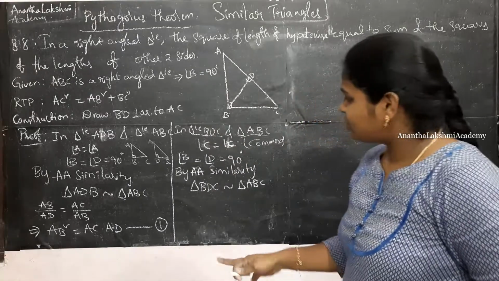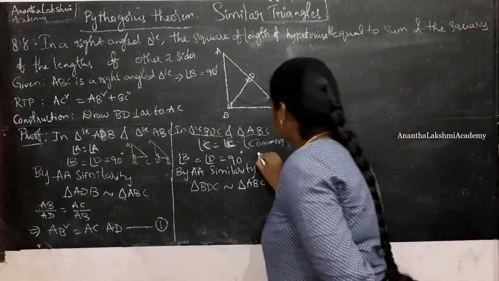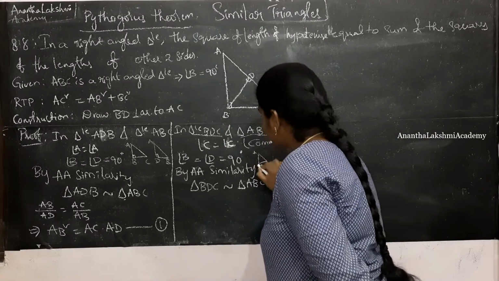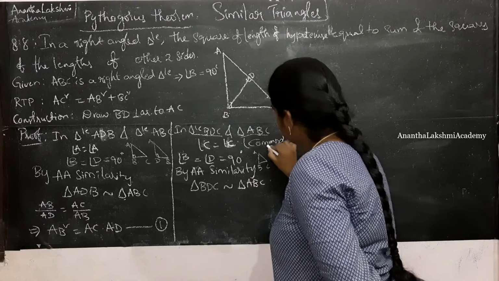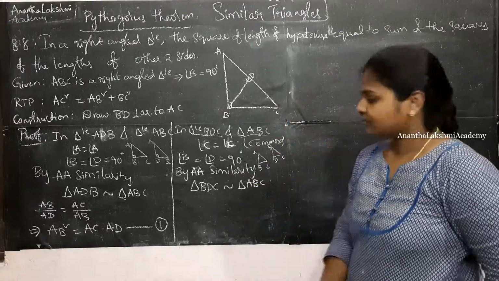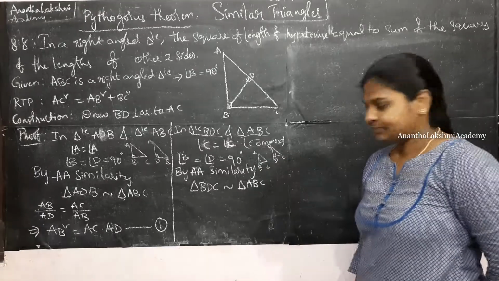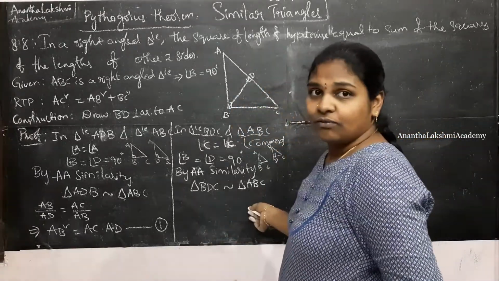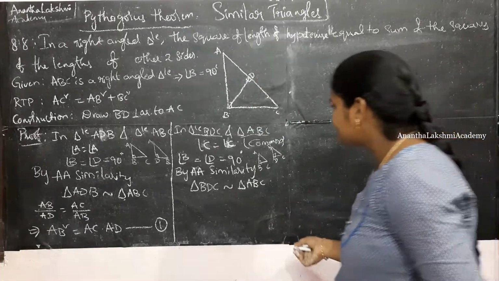Again, when two triangles are similar, the ratios of their sides are equal. So here we have ABC like this, and we have BDC like this, right angled at B, right angled at D. So now when the triangles are similar, the ratio of their sides is equal.